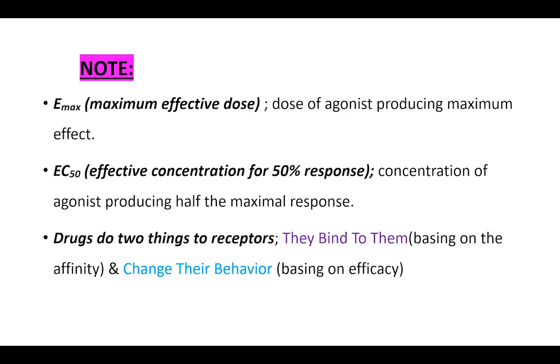The Emax is the maximum effective dose, which is the dose or concentration of the agonist that is producing maximum effect. Then the EC50 is the effective concentration for 50% response, and this is the concentration or dose of the agonist that is producing half the maximal response.